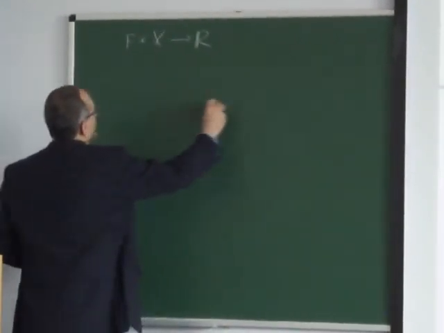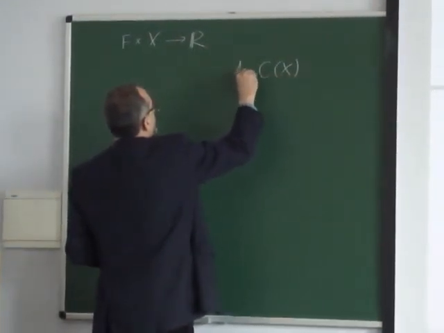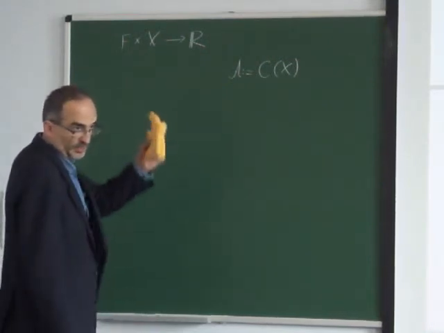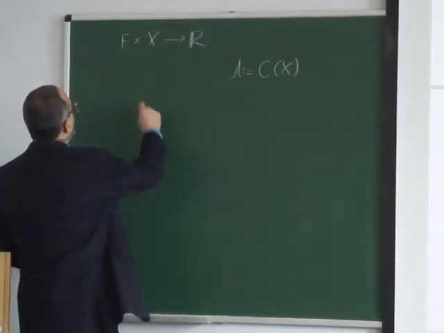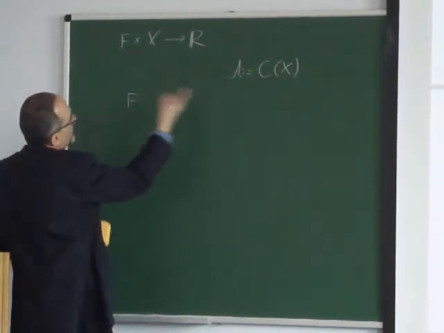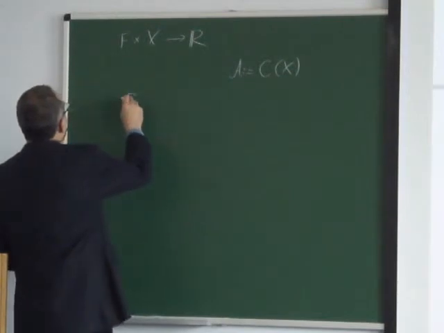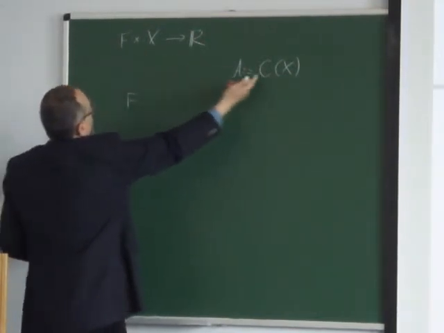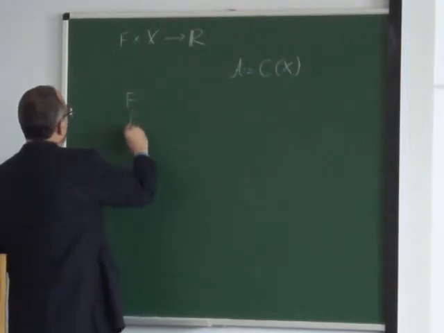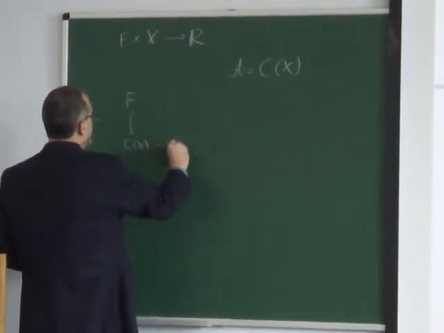If you take C(X) as A, as I already mentioned, this way we went in our proof, then at some point F will be the same by our condition. F is just part of C(X). So we have F as part of C(X), and we have here C(X) star.